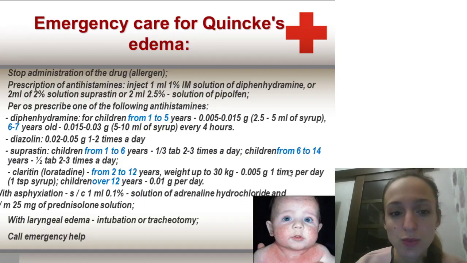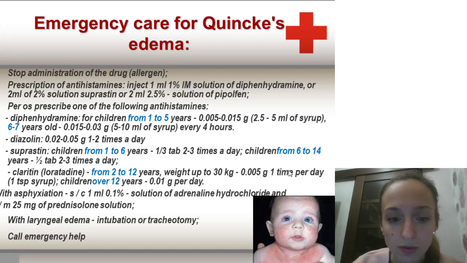Per os, you should prescribe one of the following antihistamines. Diphenhydramine for children from 1 to 5 years, in grams of syrup, and for 6 and 7 years, and you should give it every 4 hours. Diazolin, 2 times a day.